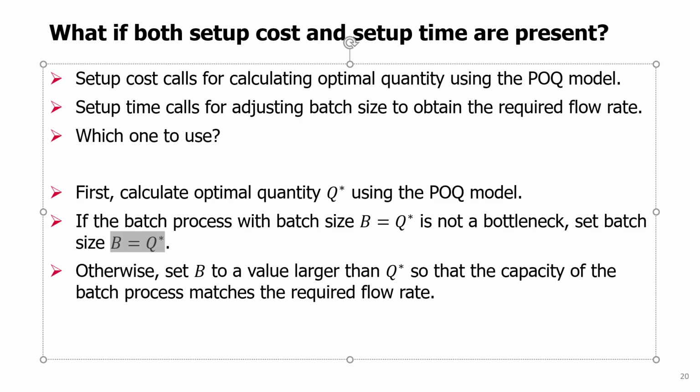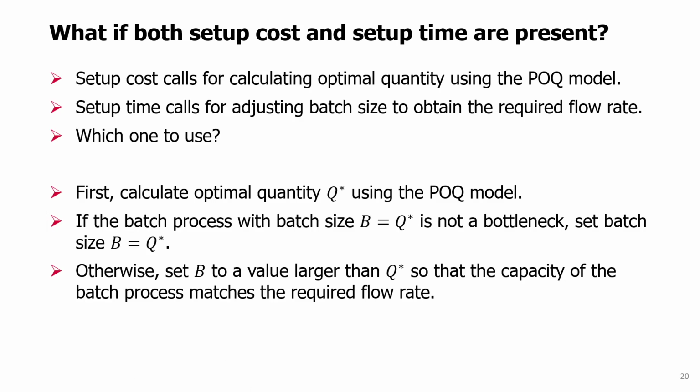That is now lowered due to the size of the batch that you're using. So in that case, it makes a lot of sense to increase batch size, even though it is higher than the quantity Q star from the POQ model, but it is worth it, because the potential revenue and the additional profit that we will collect due to increased process capacity often much more than justifies the increase in the local holding or ordering costs.